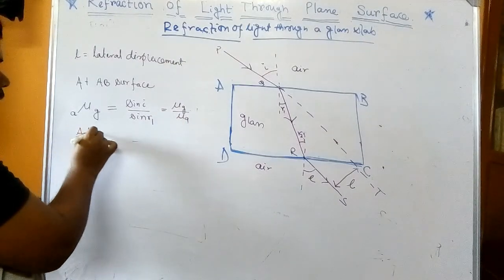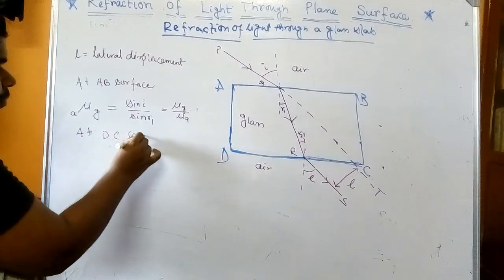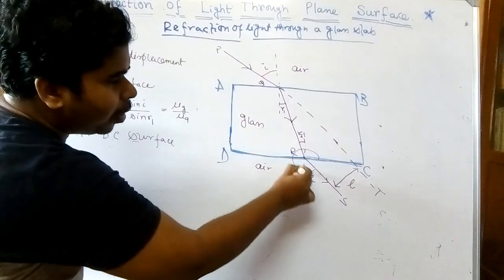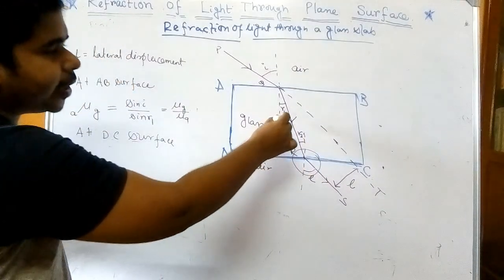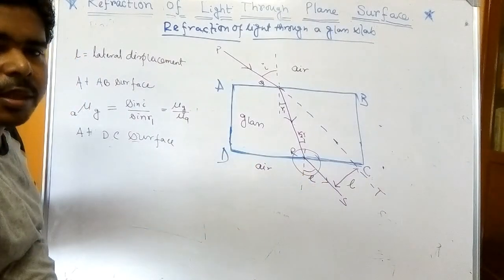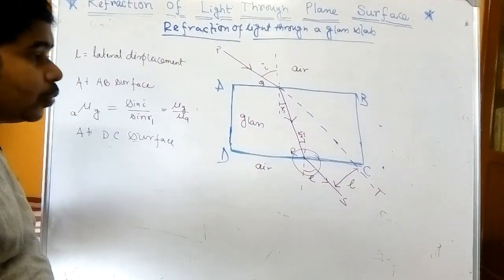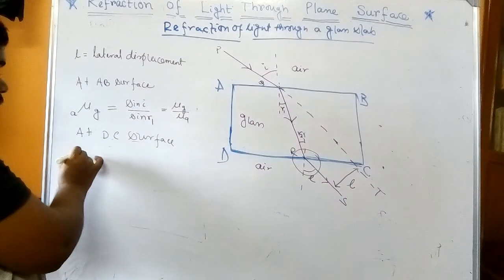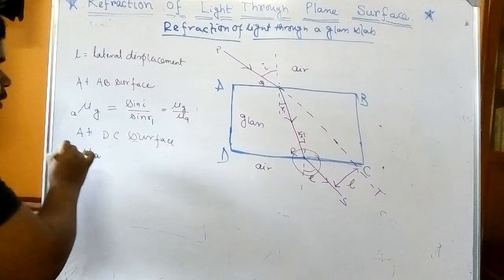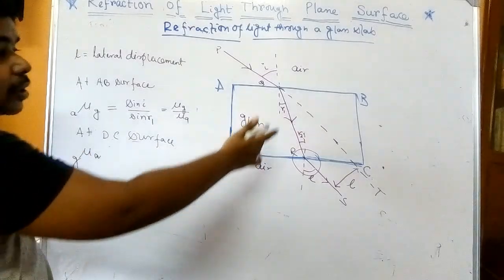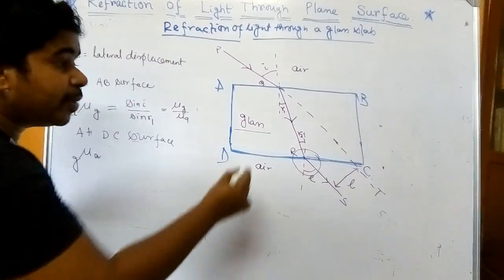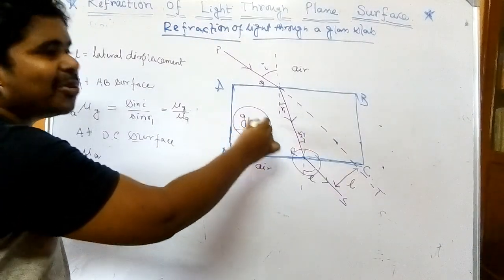At the DC surface, if I am talking only about the DC surface, the light ray comes from glass and goes to air. So here we have to find the refractive index of air with respect to glass. Why? Because the light is incident from glass, so the refractive index should be calculated with respect to glass.